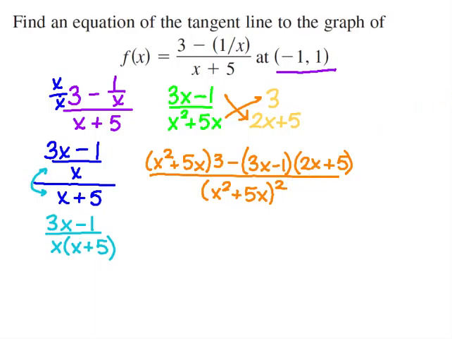So let's simplify. Here I'm going to get 3x squared plus 15x. Here I'm going to have minus a big bunch. What does that come out to be? 6x squared minus 2 plus how many? 15, so really it'll be a net of 13, and then minus 5.